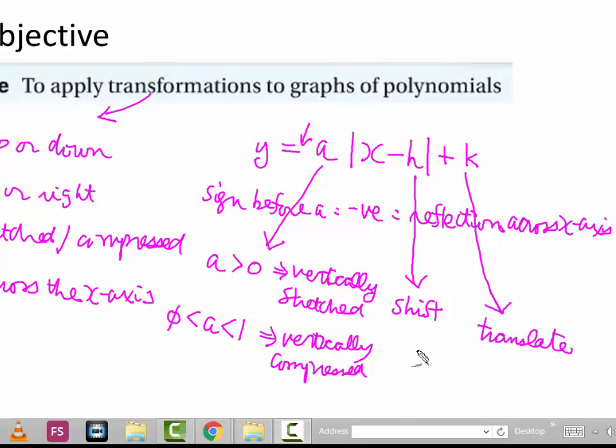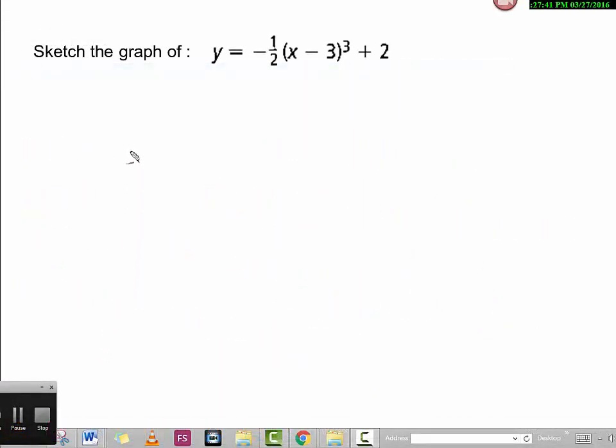We can apply the same thing from this standard form of the absolute value function in the graphing of polynomials as well. Here's an example. You're asked to sketch the graph of this function. The first thing you know right away, it is a cubic function, because the biggest power of the function is 3.